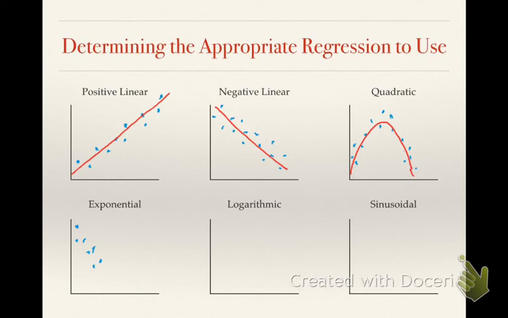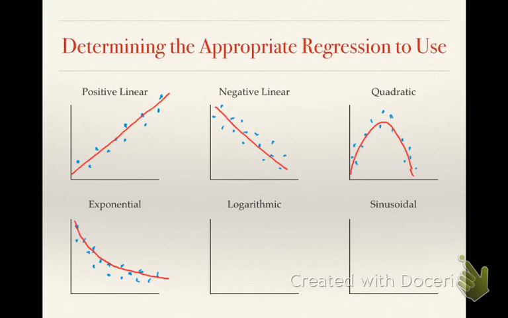One of the common types of exponentials in science is a decay equation. Half-life. So you might see a scatter plot look like this. And the general shape of that is that it starts off high and then starts leveling off, but it's decreasing. It's not linear because you can't just draw a line through it and fit the data as best you can, but the points kind of follow an exponential equation.